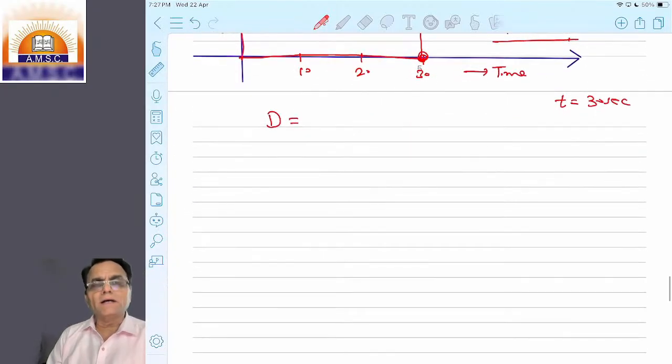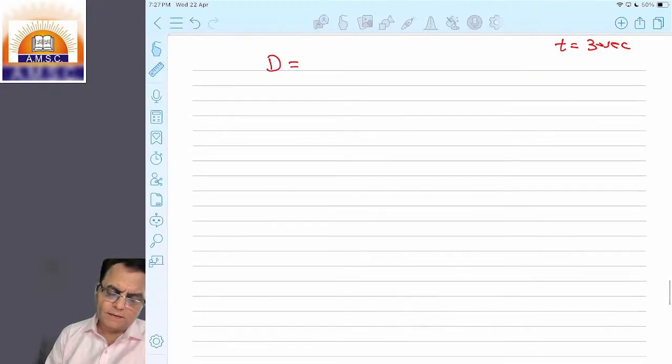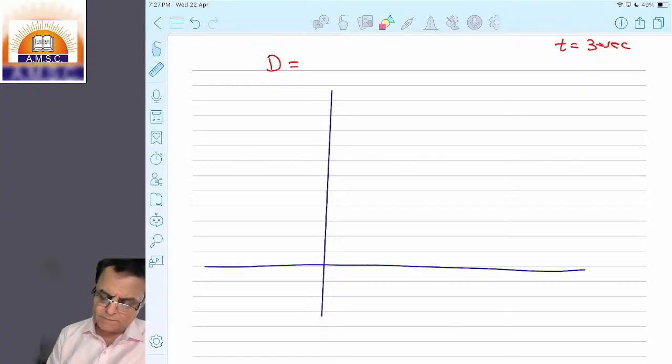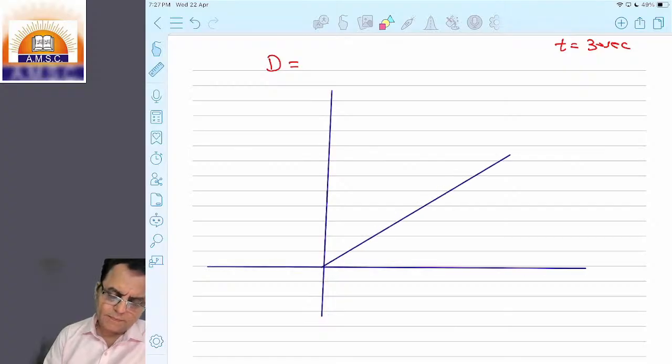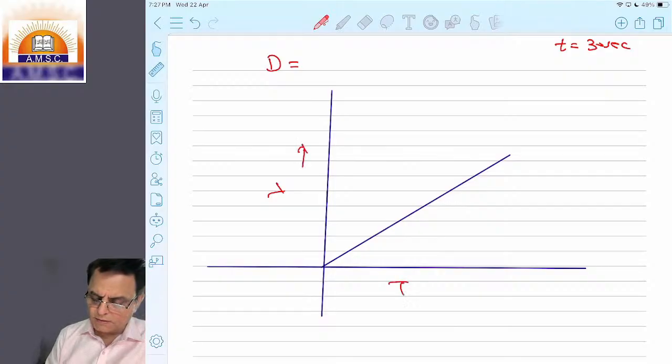Clear हो गया? अच्छा, suppose फिगर कुछ ऐसी है. This is velocity. This is time. This is 0. This is 10. This is 20.